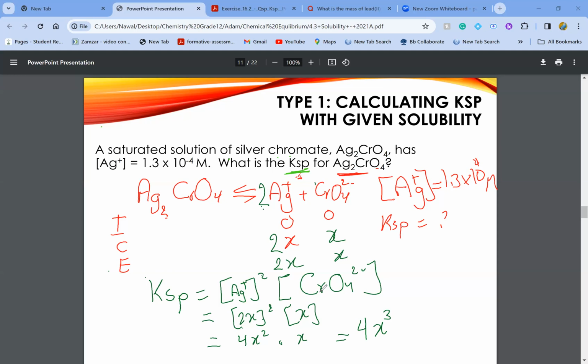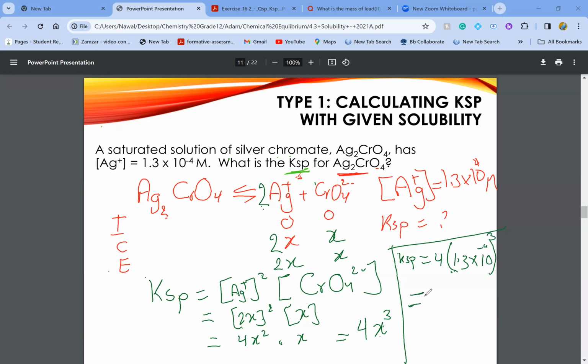If he asked me the opposite, it would be hard for me to use the x cube. I know just how to find x squared. So here, I just need to substitute the x. KSP equals 4 times how much? Be careful: 1.3 times 10 to the power minus 4, cubed. We need to be good in algebra.